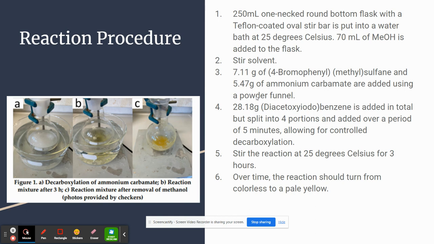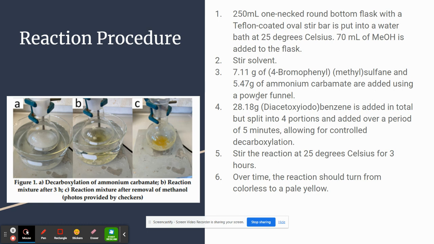The next step is to add 28.18 grams of the diacetoxyiodobenzene in total, but split into 4 different portions and added over a period of 5 minutes, allowing for controlled decarboxylation.